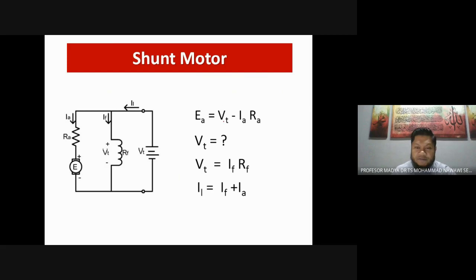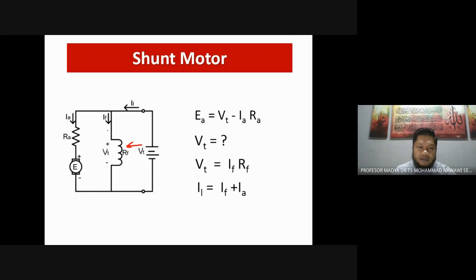Of course, we have EA equals VT minus IARA again, and VT can also be given by IFRF. Sorry, VT equals IFRF because they are in parallel, isn't it?